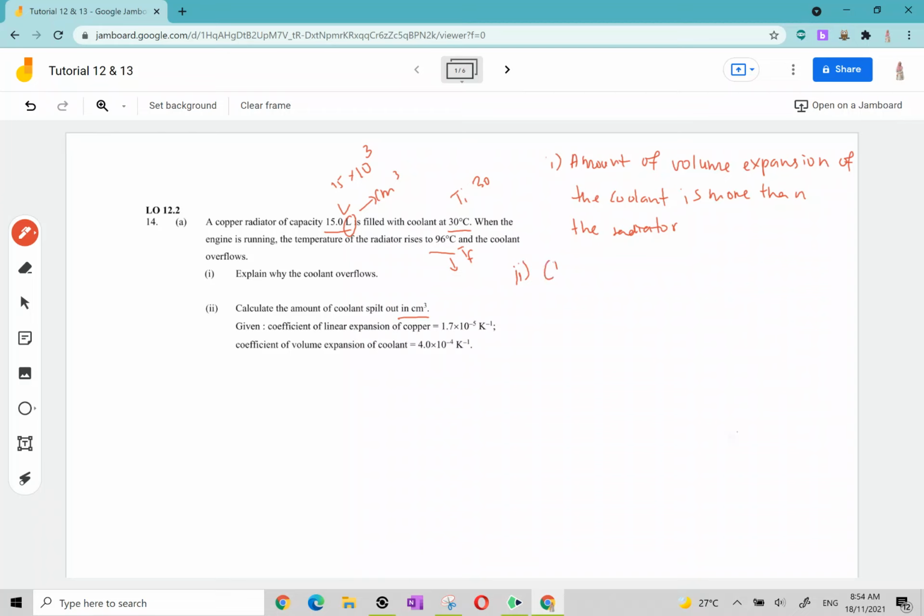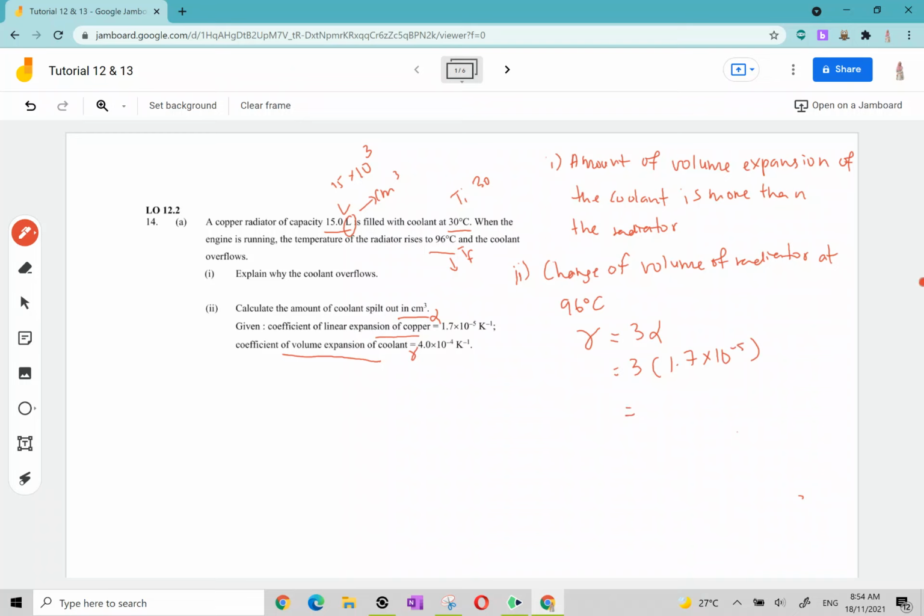Okay, so let's look at the first one. We first look at the change of volume of the radiator at 96 degree Celsius. This is for the radiator. We know that gamma equals 3 alpha, because what is given here is the alpha value of copper, while this one gives the coefficient of volume expansion, which is the gamma value. So from gamma equals 3 alpha, we multiply.